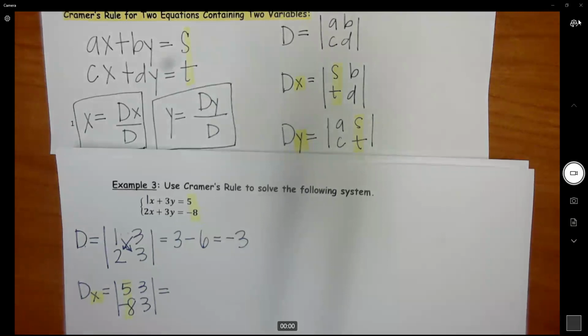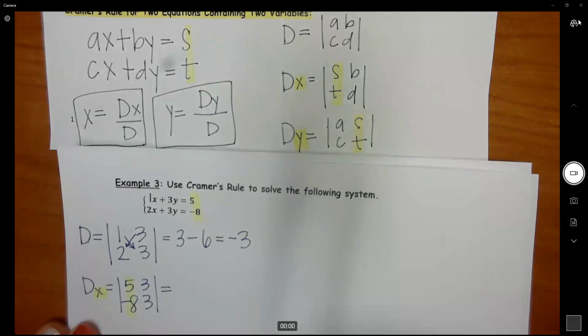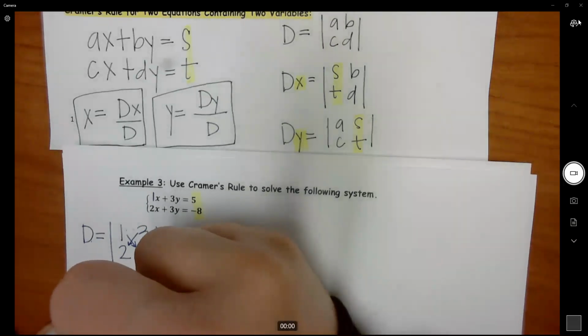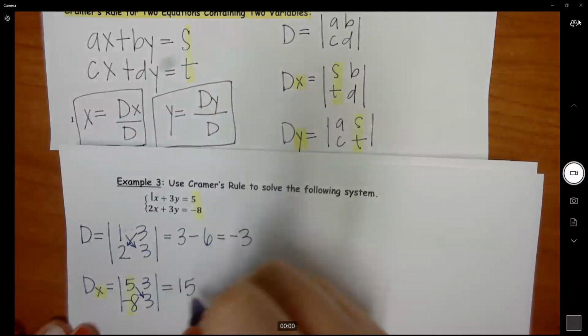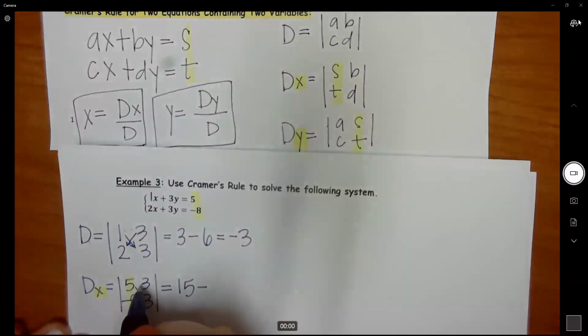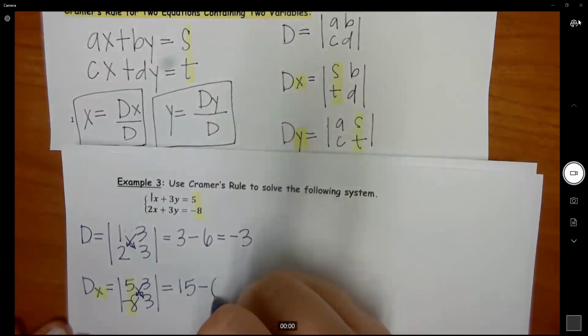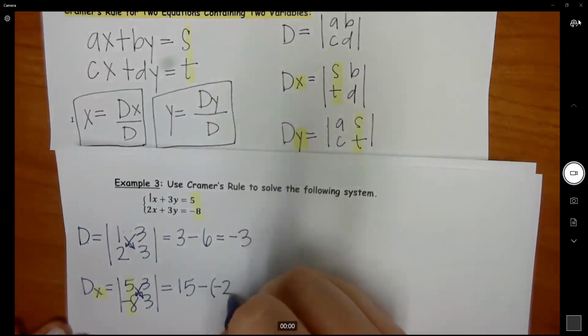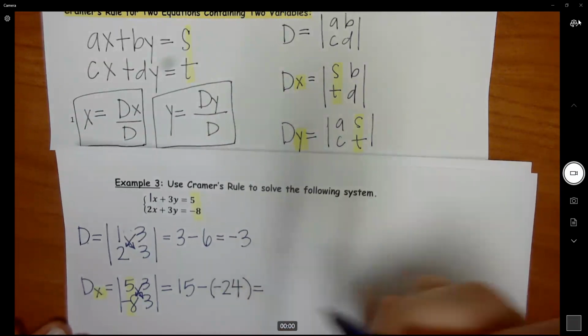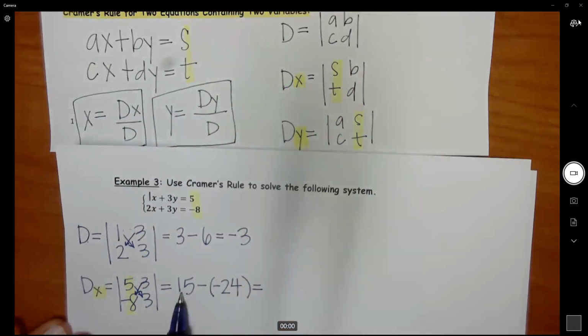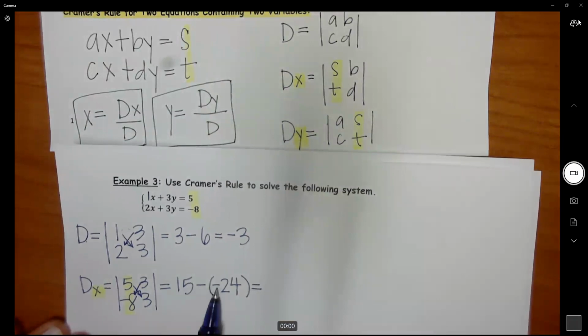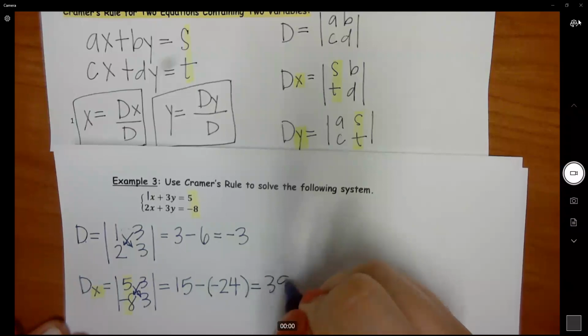I'm going to find the determinant of D sub x, and it is again ad, which is 15, minus the product of bc, which is -24. So 15 minus a -24 is the same as 15 plus 24, and that's going to give me 39.